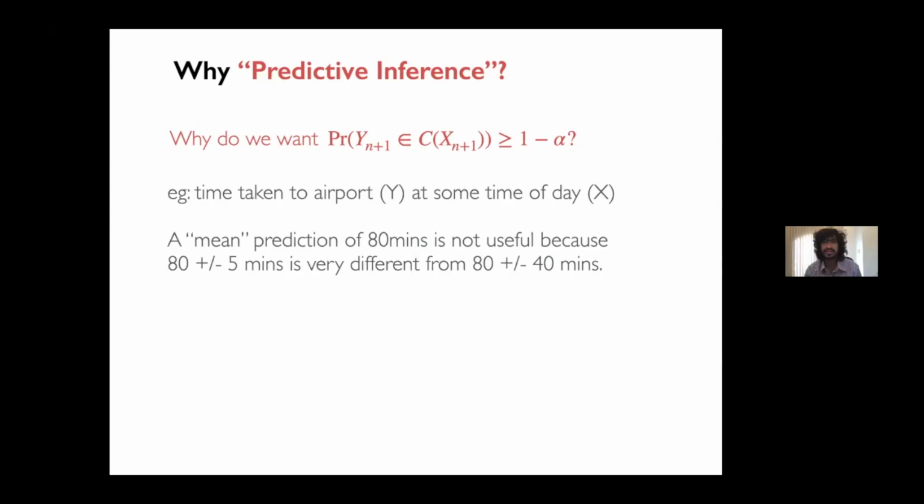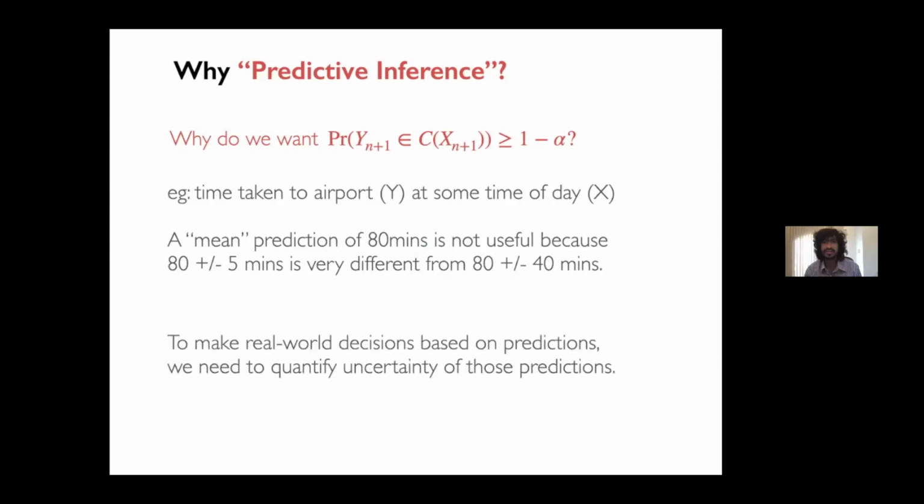So if you tell me how uncertain you are about your predictions, I'm going to act very differently. Of course, if it's plus or minus 5, I might leave at a certain time. But if you tell me it's plus or minus 40, I might choose to leave earlier to hedge myself against the risk. So broadly, to make real-world decisions based on predictions, we do need to quantify the uncertainty of those predictions. And so that's why, in this talk, we're going to be moving away from predicting a point to predicting a set.